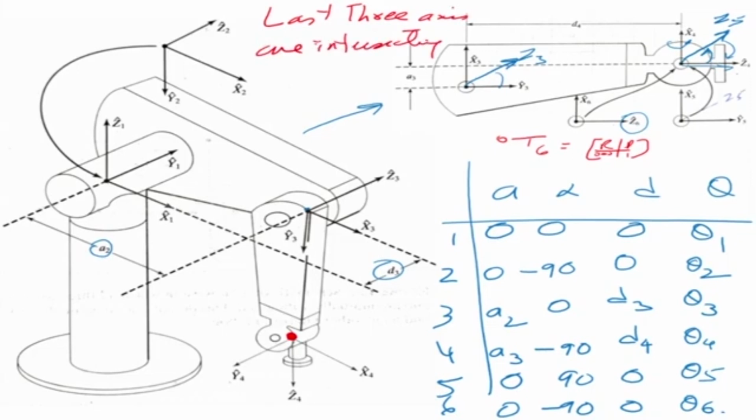And because these last three axes are intersecting, there is no change in the position of the origin. So the origins of 4, 5, and 6 are the same. Because of this, when we multiply T0 to 6, the equations have a particular structure, and that is something that we are going to exploit when we try and find the inverse kinematic solution.